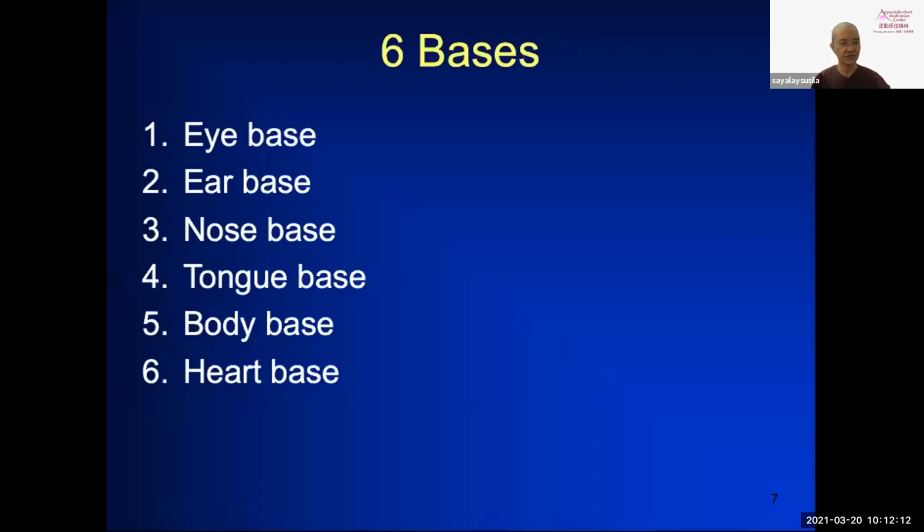All the consciousness excluding the sense door consciousness, that is, eye, ear, nose, tongue, and body consciousness, exclude these 5 from the 89 types of consciousness. The remaining consciousness will arise depending on the heart base. This is the new knowledge you learn today. So there are 6 bases.